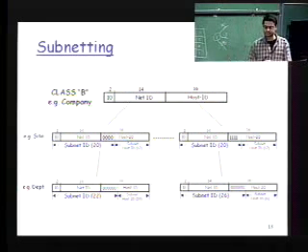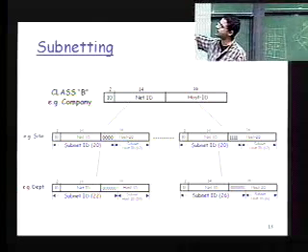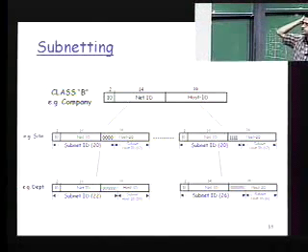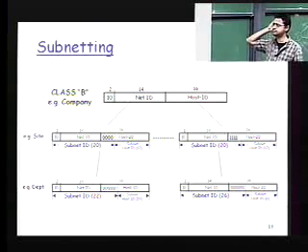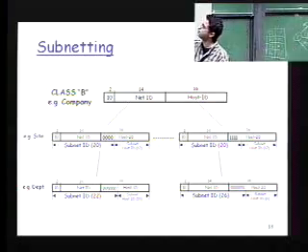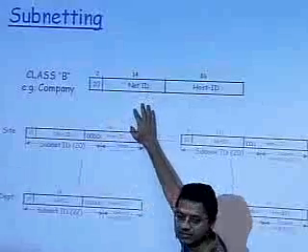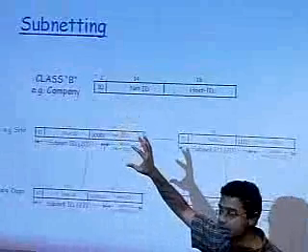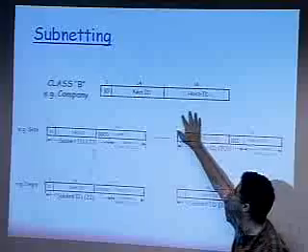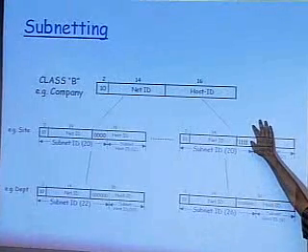And let's see what subnetting looks like. So now imagine you have a class B address, you have some company. You have been assigned a network ID. So the first 2 bits are fixed, the next 14 bits refer to your network. These 16 bits are fixed. Now you can play with the next 16 bits.